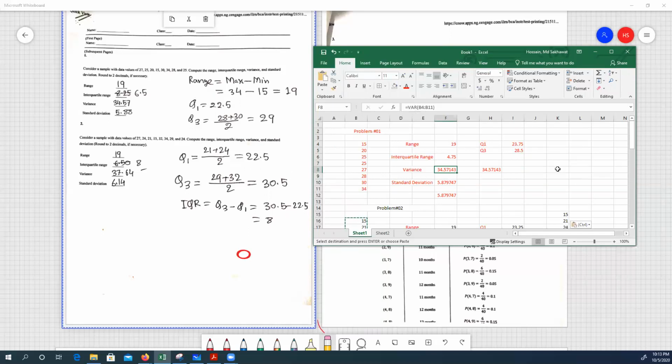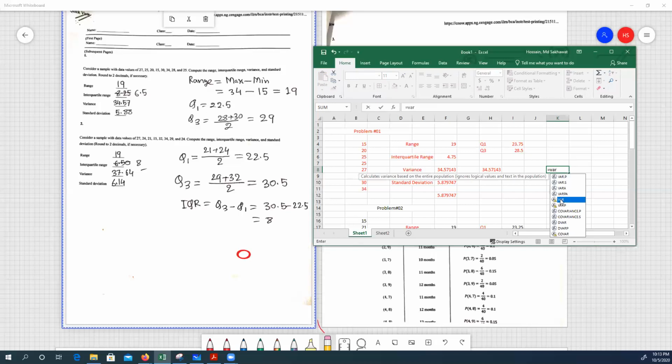You write an equal sign, then VAR, which means the variance, and then you select all the numbers and close the parenthesis. You will get the variance, which is 34.57143.